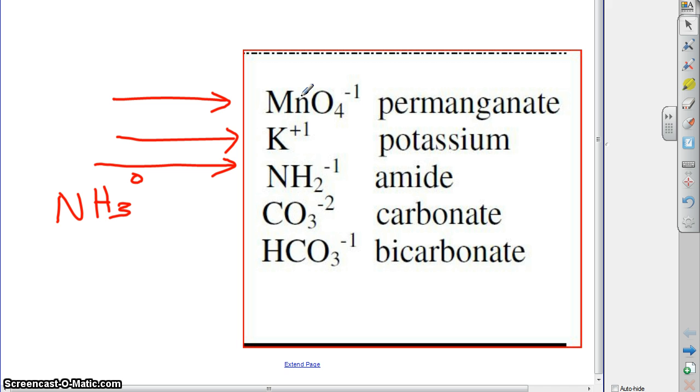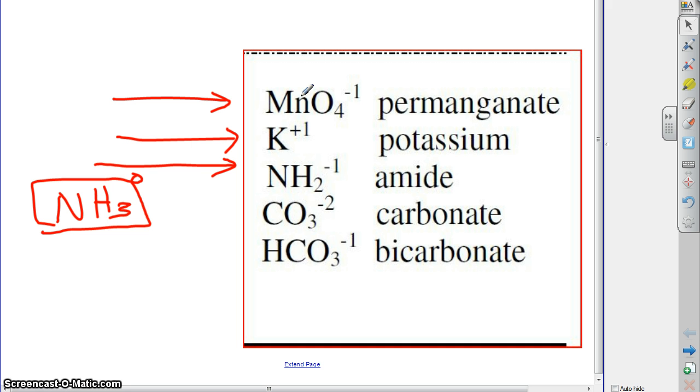However, it's good to know ammonia because that's going to help you to remember a couple of ions. Ammonia is something that will come up a lot in chemistry. So if you know that ammonia, no charge, is NH3, then we can do a couple of things with that.